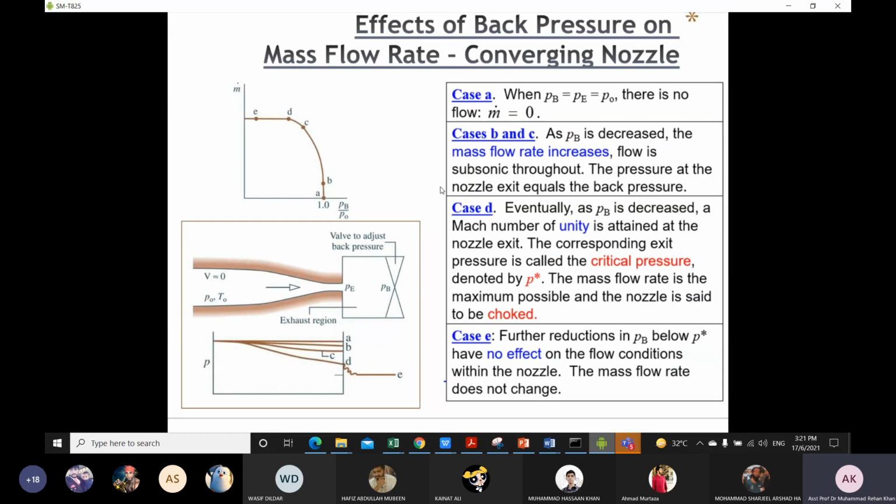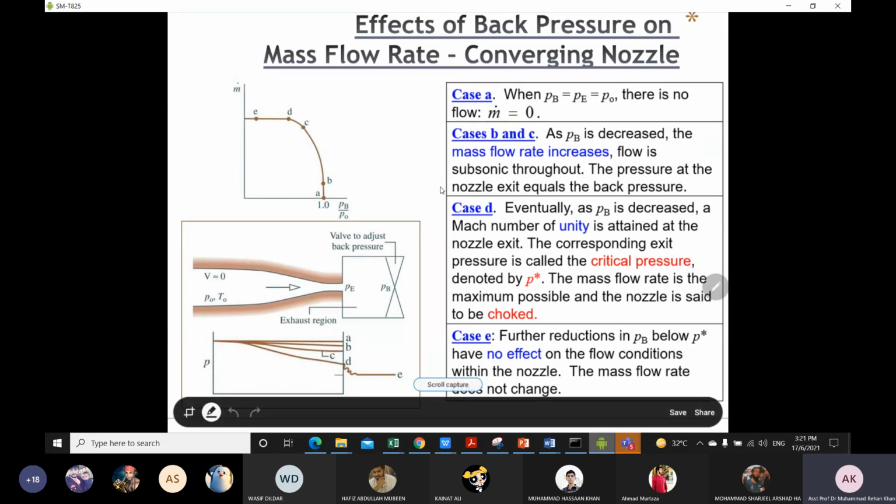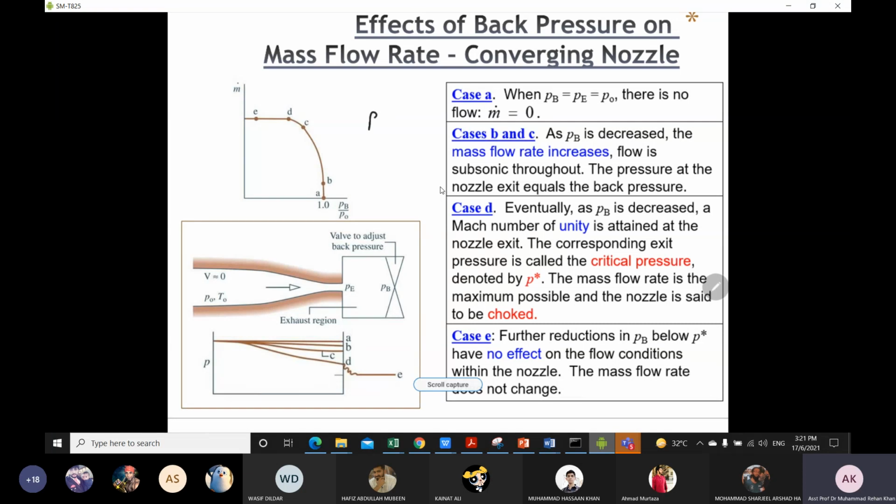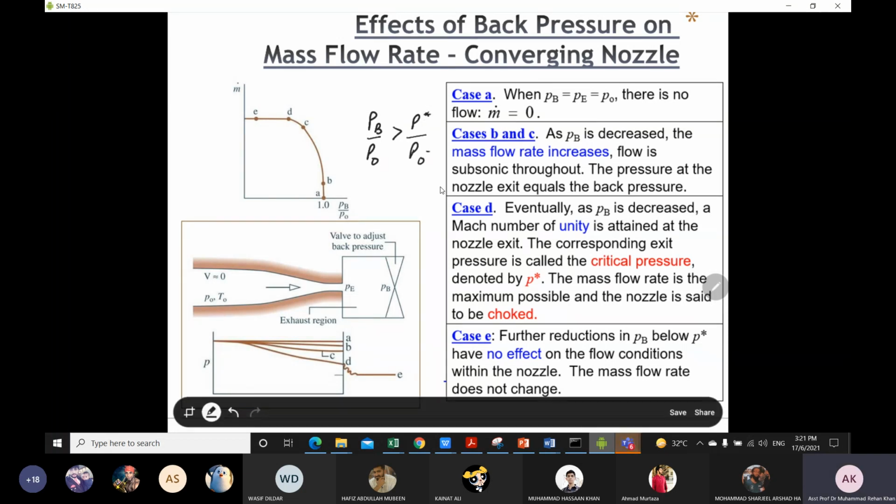अच्छा, जब भी आपको बैक प्रेशर दिया हुआ हो तो सबसे पहले आपने फाइंड करना है कि आपका फ्लो चोक्ड है कि नहीं है। How you have to judge that your flow is choked or not choked? So the value is that if PB by P naught is greater than P star by P naught, it means that your flow is not choked.